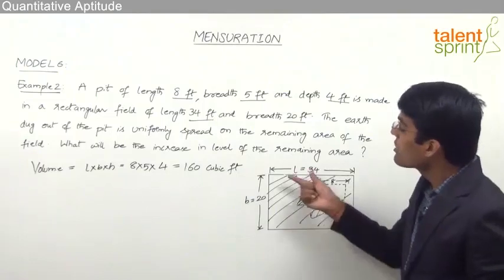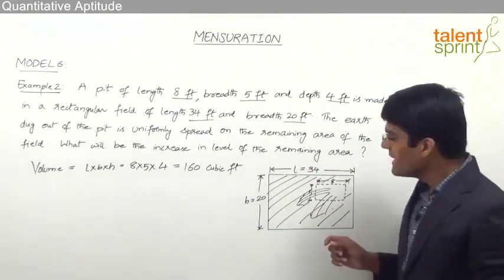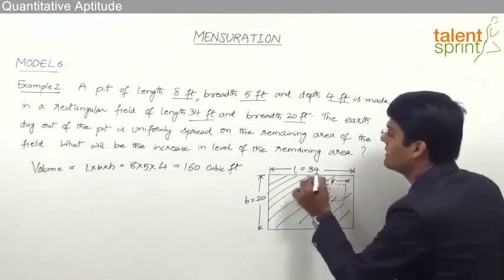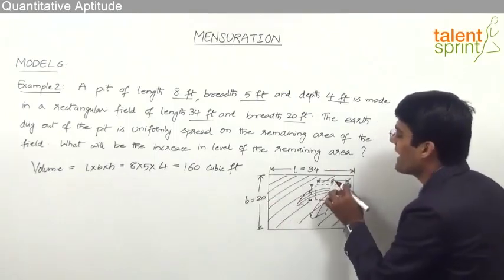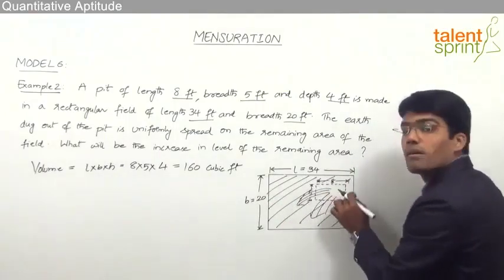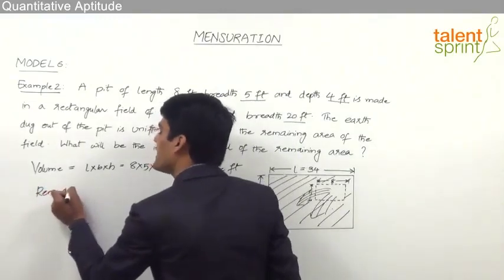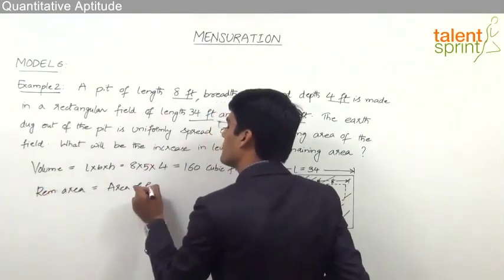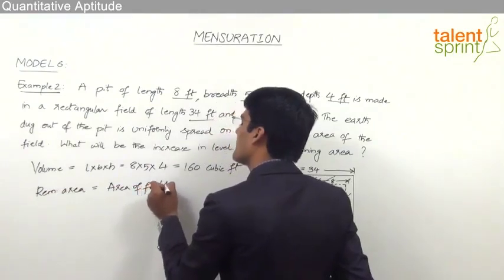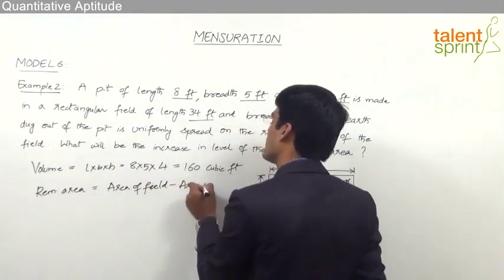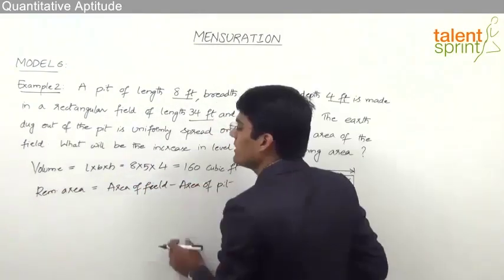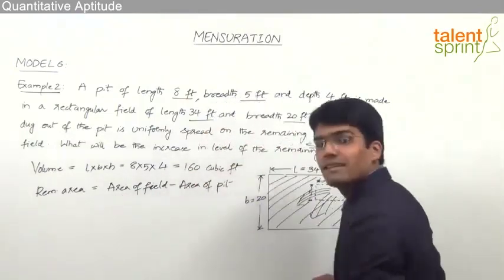Let us now find out what is the remaining area. Remaining area, as you can see here, is nothing but this total rectangular field minus the area occupied by this pit. So remaining area can be taken as area of field minus area of the pit which has been dug out. Now the area of the field can be taken as length into breadth.